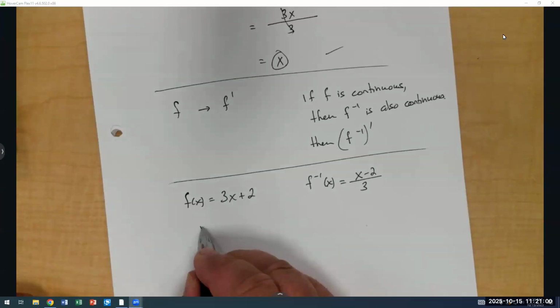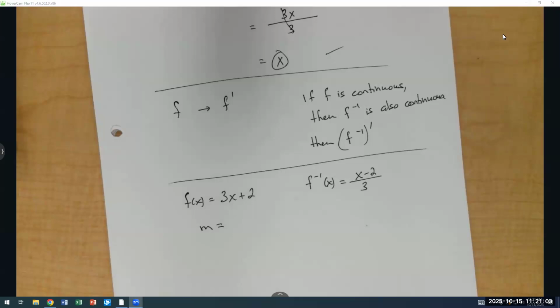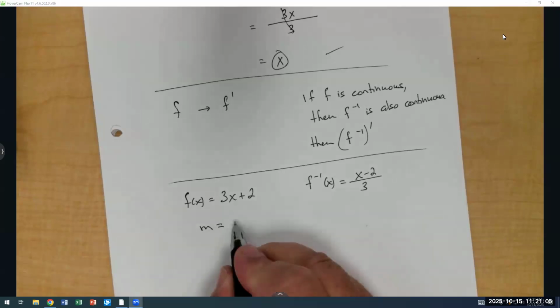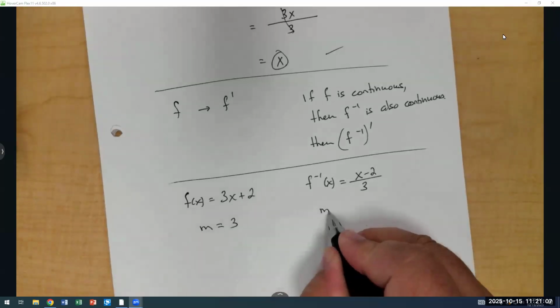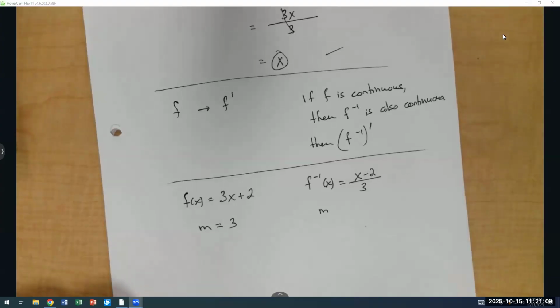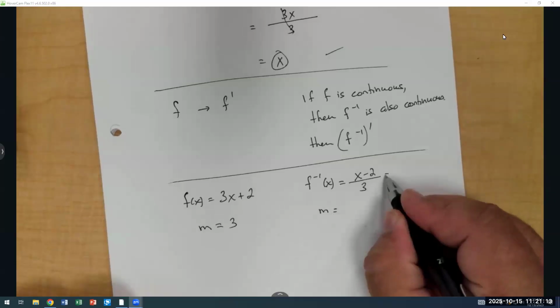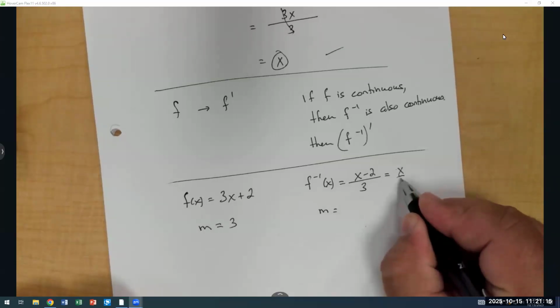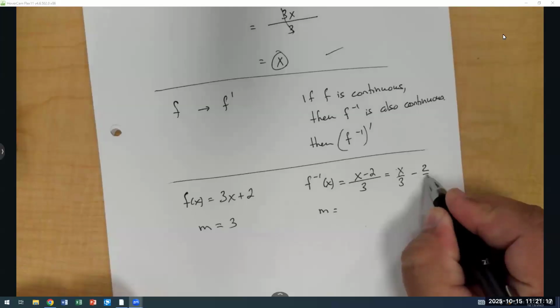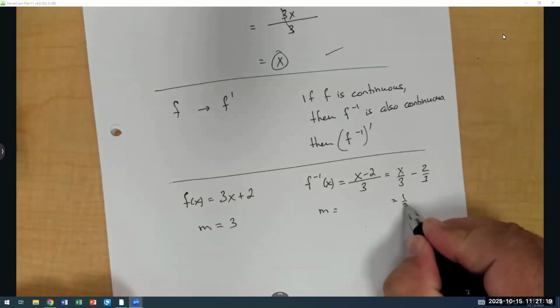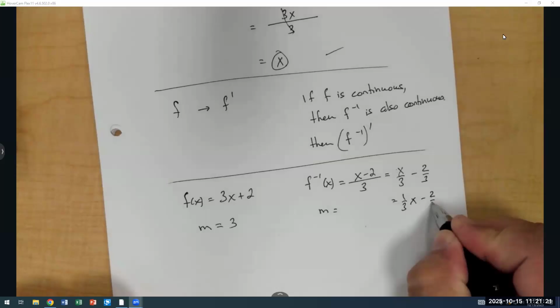What's the slope of this one? What's the slope of this one? Very good. So it's 1/3 x minus 2/3.